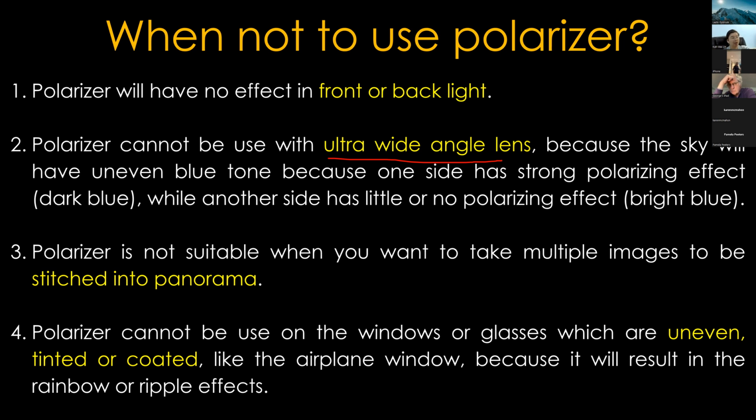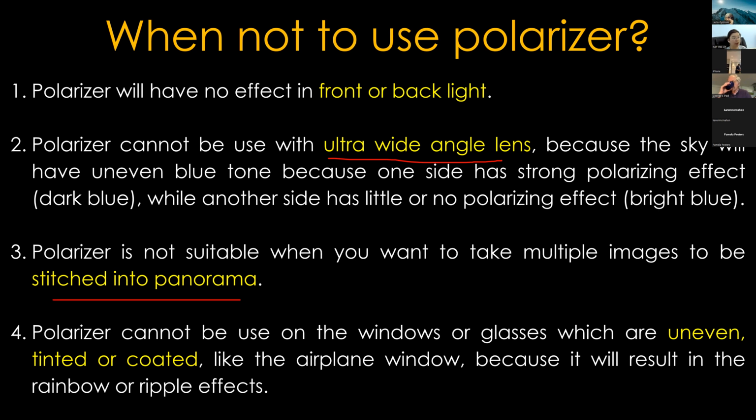So you will see dark blue on one side and bright blue on the other. If this happens, most of the time it is with an ultra wide angle lens. Just remove your polarizer. The polarizer is also not suitable when you want to take multiple images to be stitched into a panorama. Again, a panorama is somewhat similar to an ultra wide angle view, so you might get uneven blue over the sky.